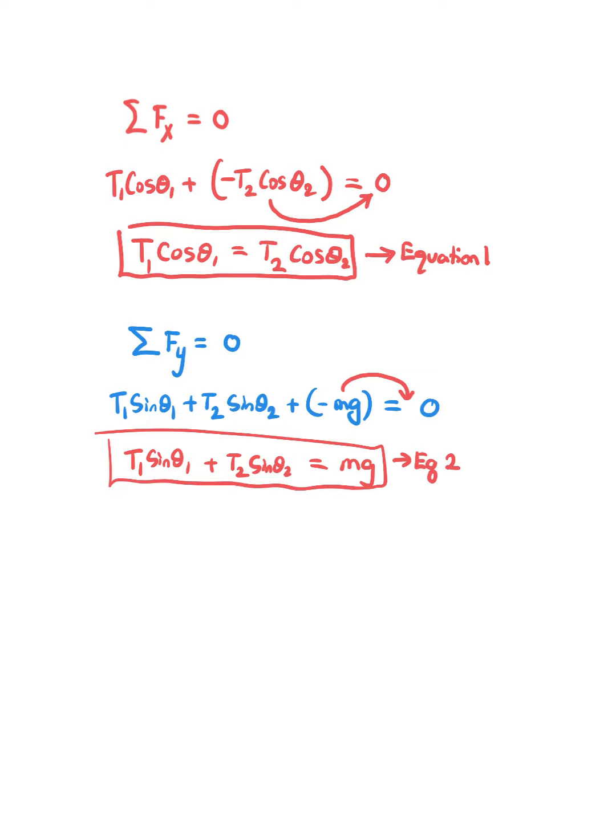So we have a system of two linear equations in two variables. The simpler equation is equation number 1, so we'll go ahead and start with that one. I can solve equation number 1 for T1 in terms of T2, or alternatively, I can solve for T2 in terms of T1. Either way, we'll get to the correct result. So I'll go ahead and solve for T2 in terms of T1 by dividing both sides by cosine of theta 2.